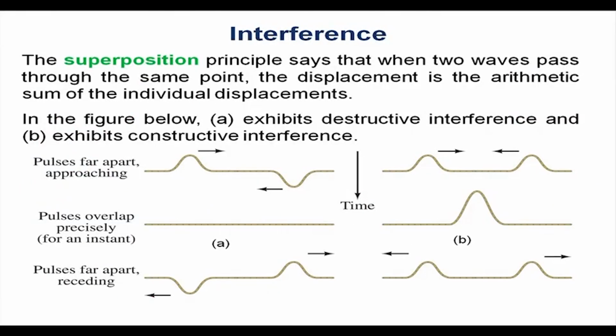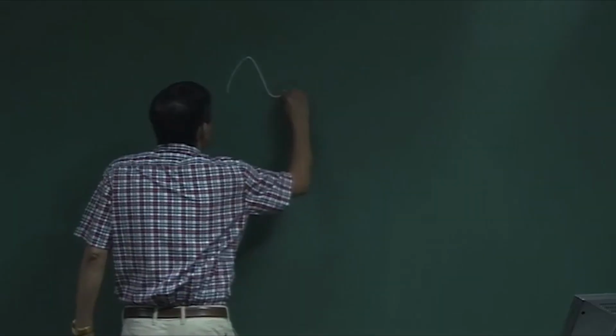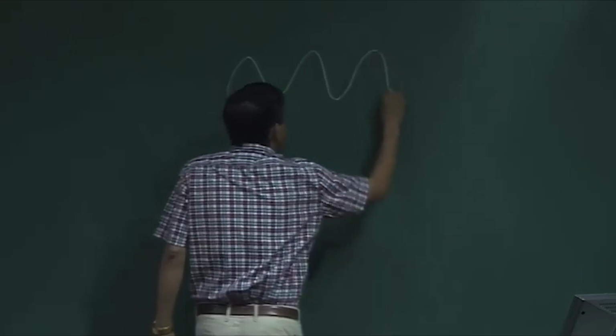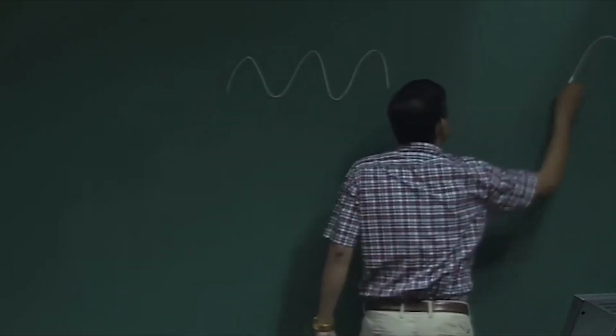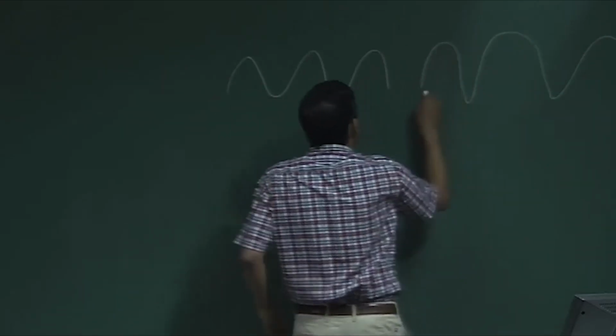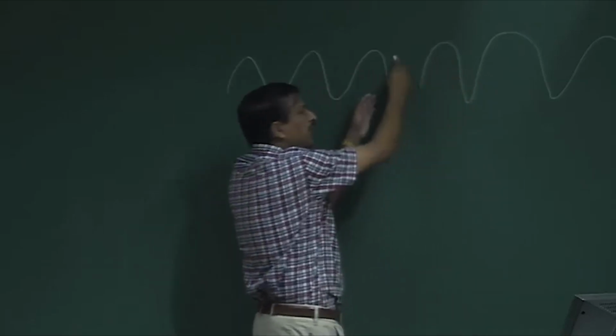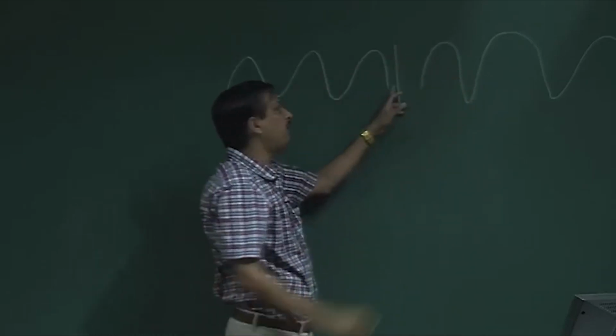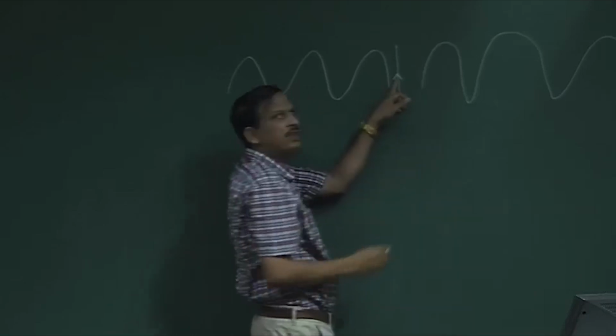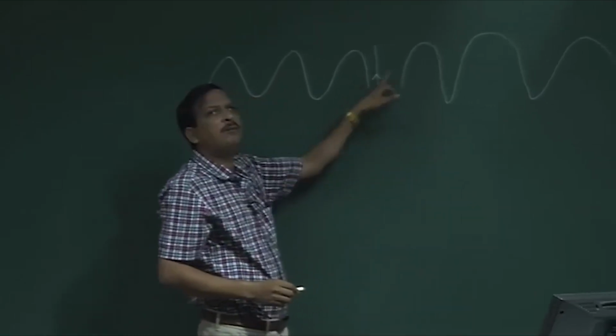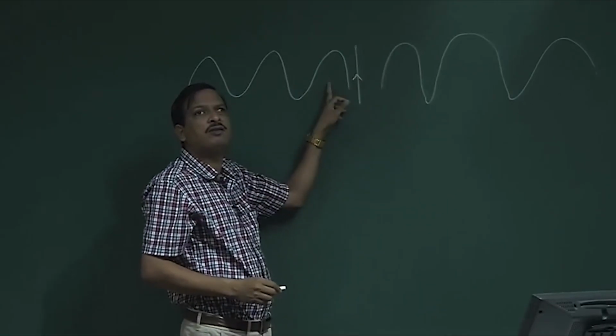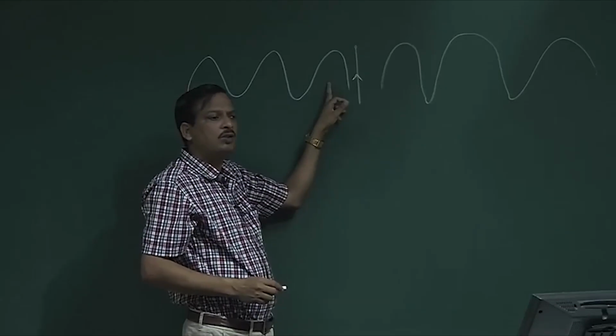Now, if the wave is propagated, there will be interference. Suppose I have a wave like this and another wave approaching like this. When the two waves pass through the same point, interference will happen at that point between the two waves.